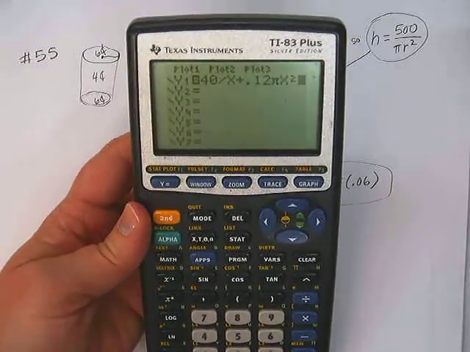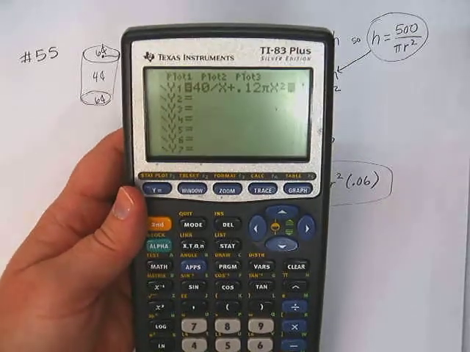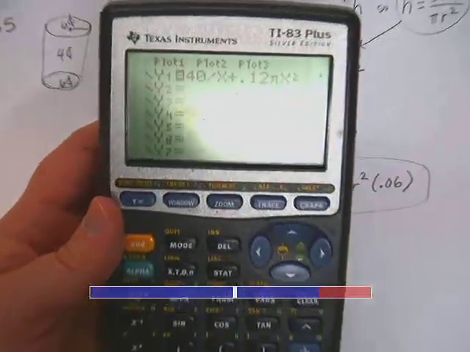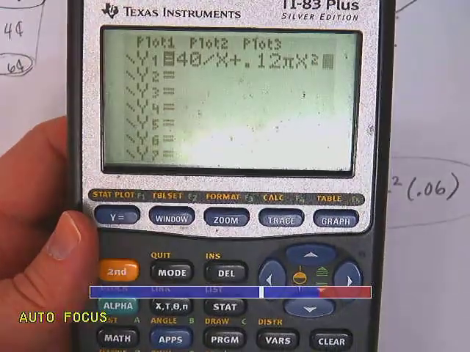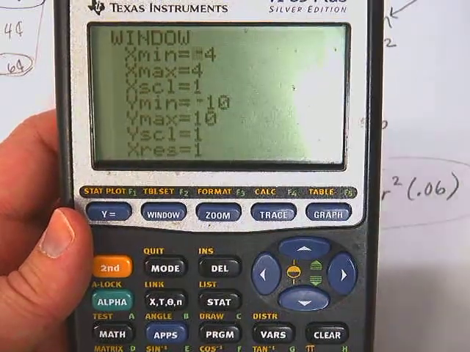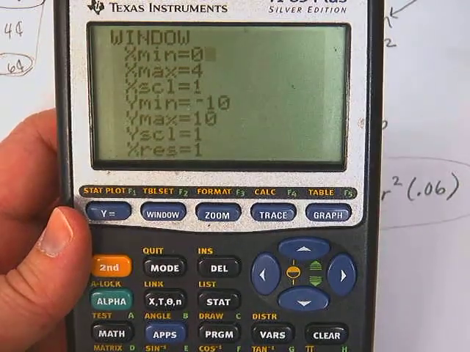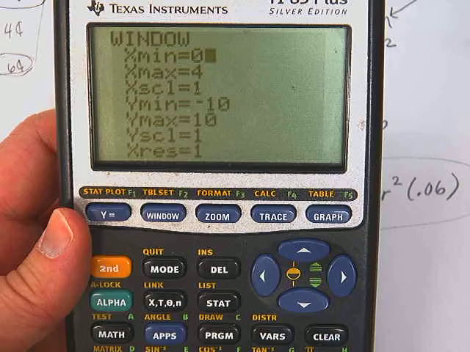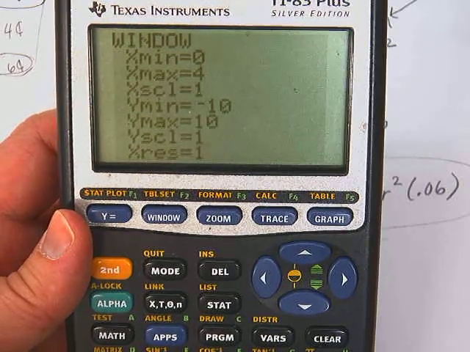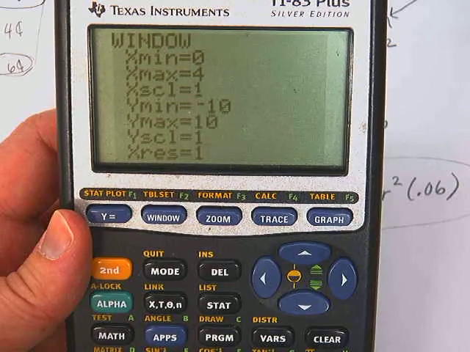Now, to fit this in our window, we want a reasonable domain. Is the radius r going to be negative at all? Radius r is not going to be negative, right? So I've plugged that in, and I'm going to the window. Any ideas of how big the radius might be?